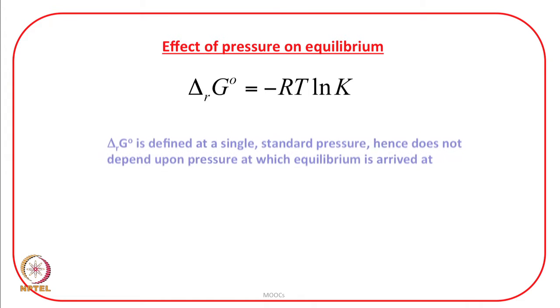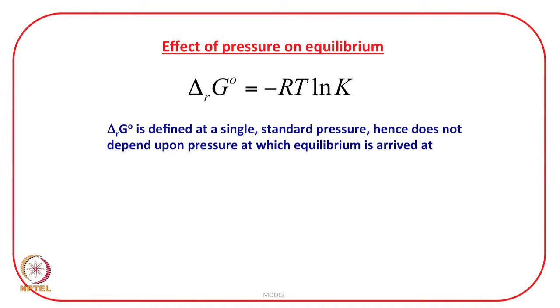And that is why it is commented over here that delta R G naught is defined at a single standard pressure and hence does not depend on the pressure at which equilibrium is arrived at, and therefore, I can very comfortably write that dou K by dou P at constant temperature is equal to 0. Setting this derivative equal to 0 means K does not depend upon pressure as long as the temperature is held constant.